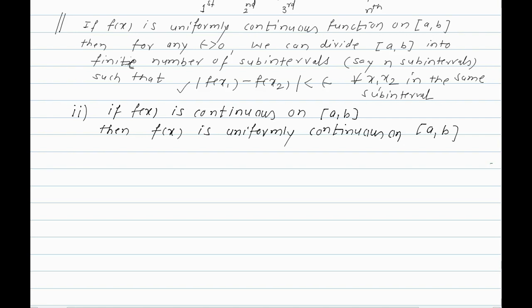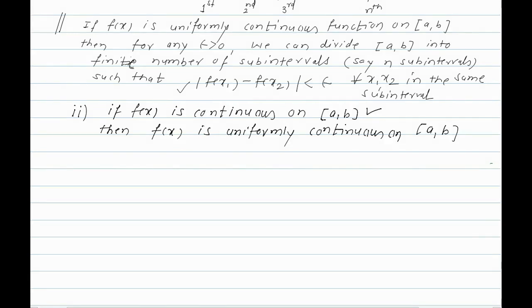So we want a closed interval and continuity of the function on this closed interval. If it is continuous on closed interval a comma b, then it is also uniformly continuous on that interval.